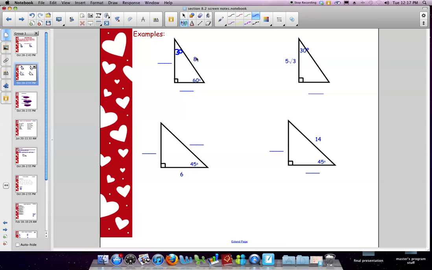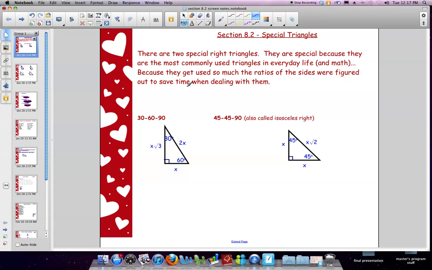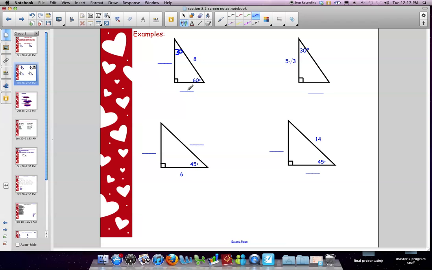So you go back to the ratios and say, okay, if I have the hypotenuse and I have to go back to the shorter leg, what is the relationship? If I'm here and I have to go here, that means that I have to get rid of the 2, so I have to divide by 2. So the length of this side would be 4.